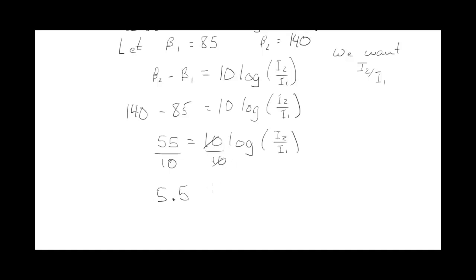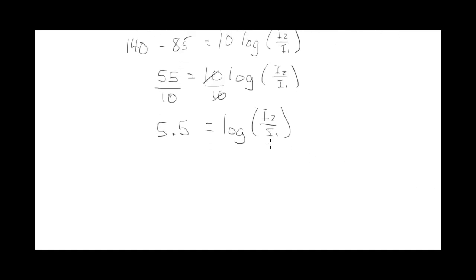These 10s divide out, and you've got log of I2 over I1. So now this is just a logarithmic equation. Remember, it's base 10. So that would be 10 to the power of 5.5, if you convert to exponential form, equals I2 over I1.